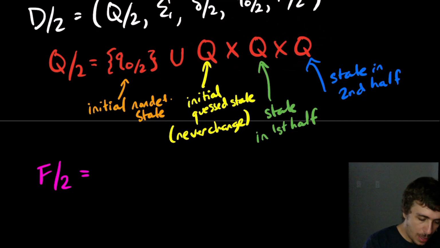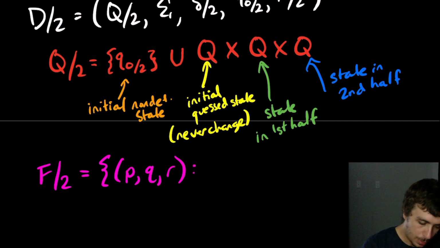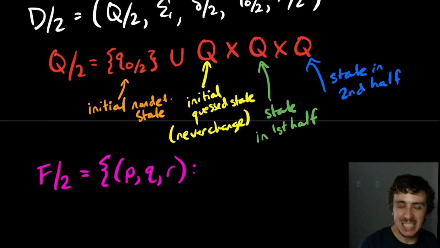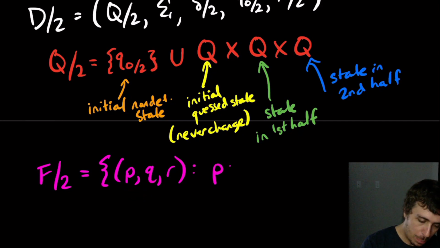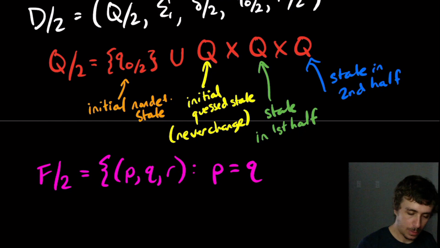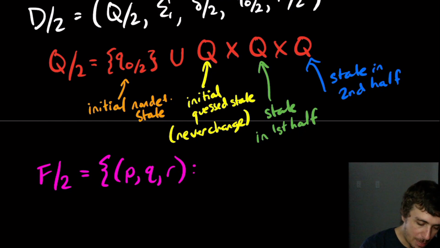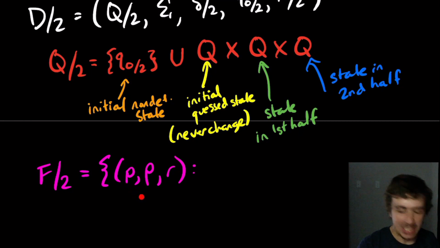So it's going to be all of the ordered triples, which I'm going to call P, Q, and R. These two must be exactly the same, so P equals Q. In fact, I could even shorten that up and say P and R, so now I'm forcing them to be the same.